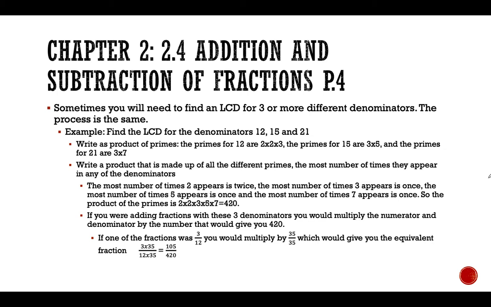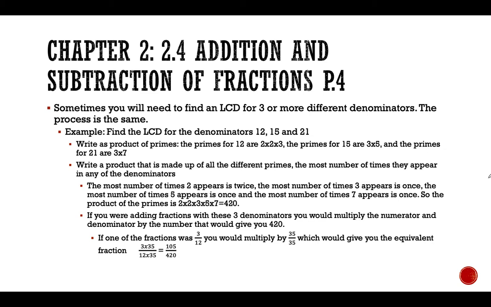Now we have to write a product that is made up of all the different primes, the most number of times they appear in any of the denominators. So the most number of times 2 appears is twice in the primes for 12, so 2 times 2. The next prime we have is 3, and the most number of times it appears is once in any of the primes. And then we have 5 as a prime.